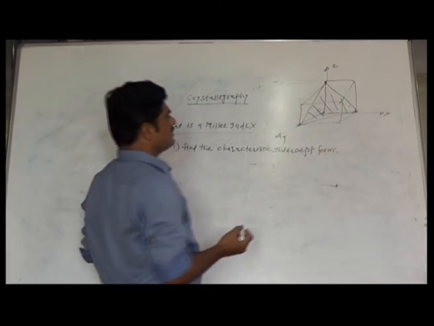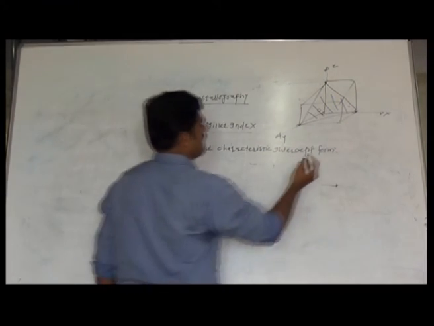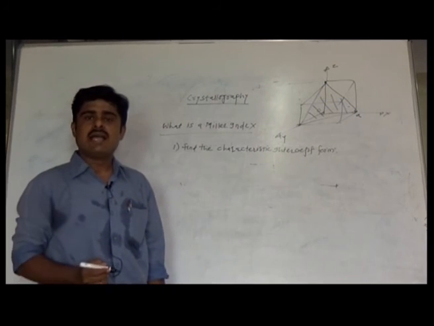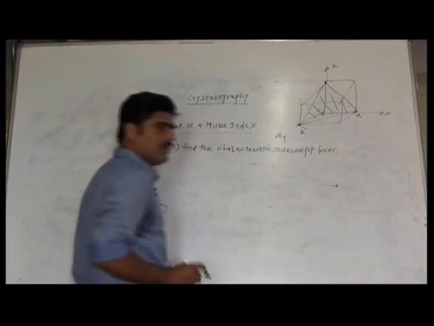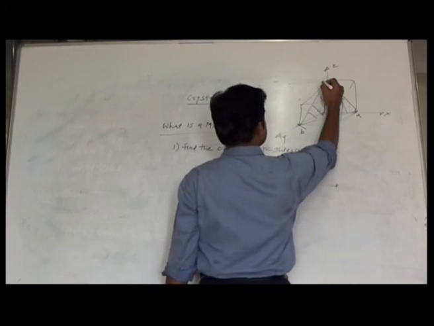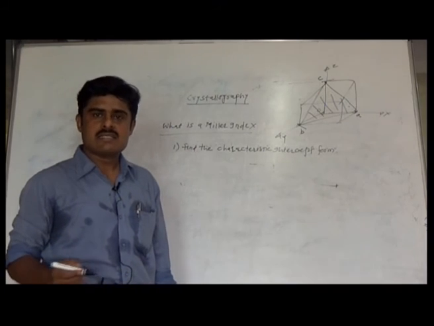Where does it cut the x-axis? It cuts the x-axis at point A. Where does it cut the y-axis? It cuts the y-axis at point B. Where does it cut the z-axis? Again, it cuts at a distance, say C. If it is a cube, all these distances will be same.